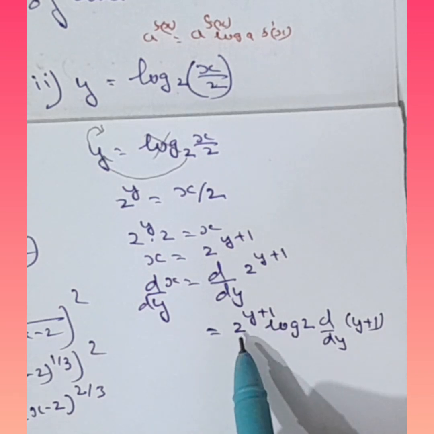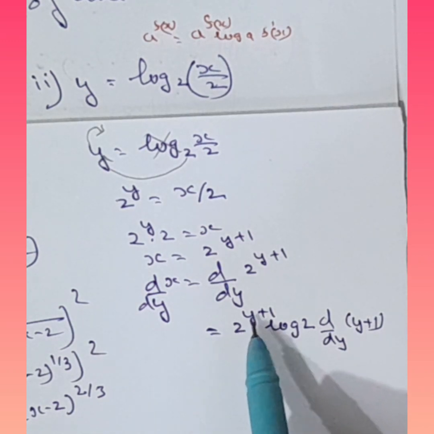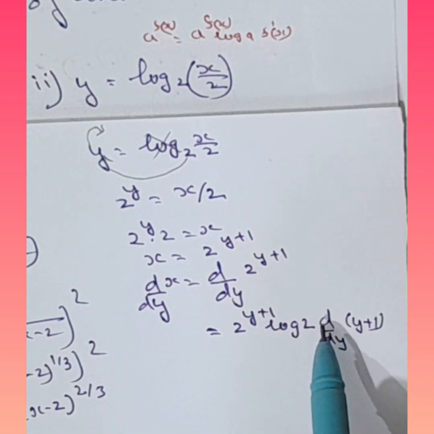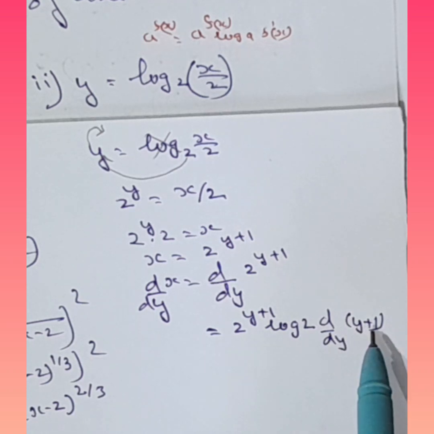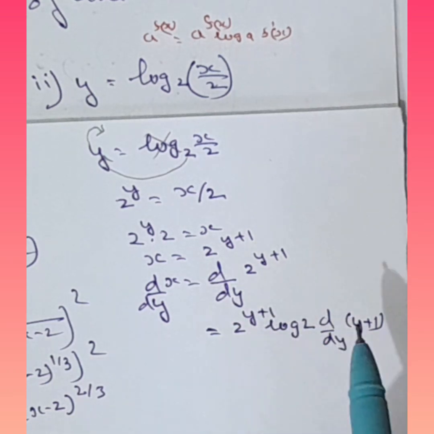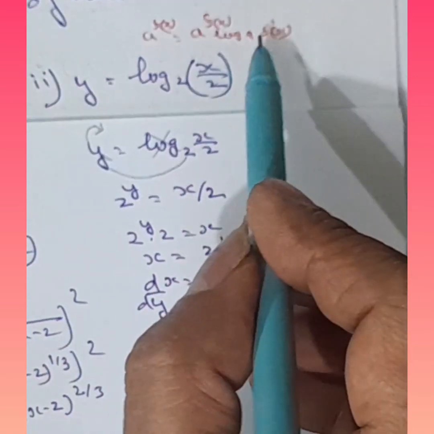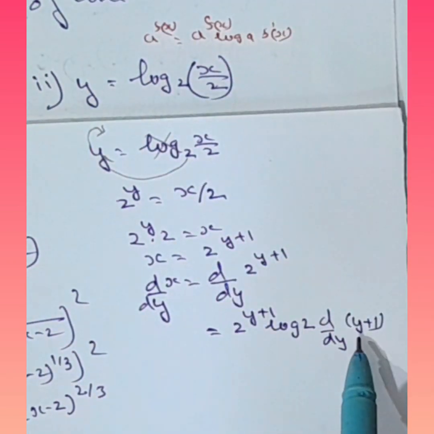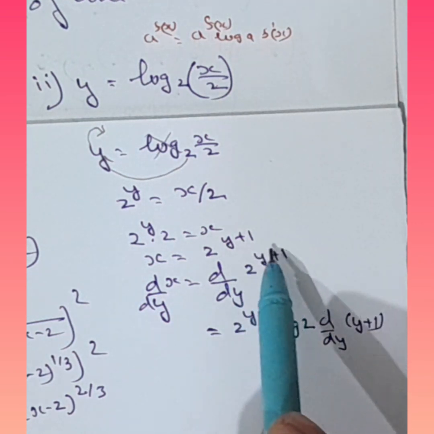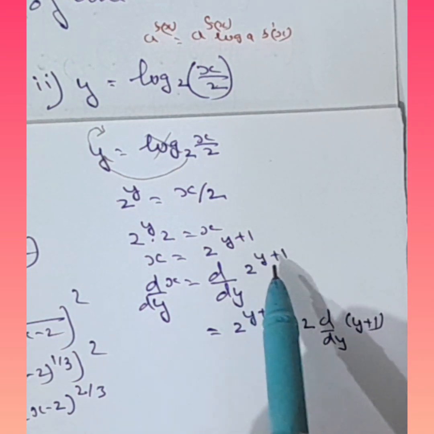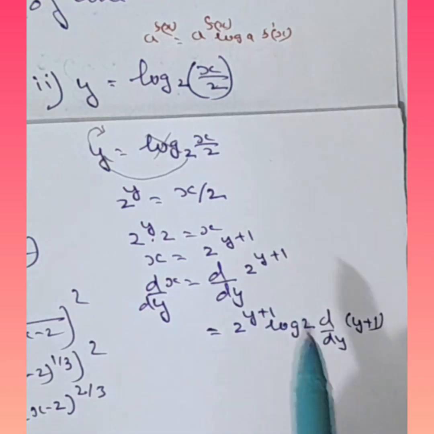So it is 2 raised to y plus 1 log 2 and d by dy of y plus 1. So this is just the application of this formula which I told already, and obviously f prime x, that is chain rule. So we have got to also differentiate with respect to y, d by dy of y plus 1.